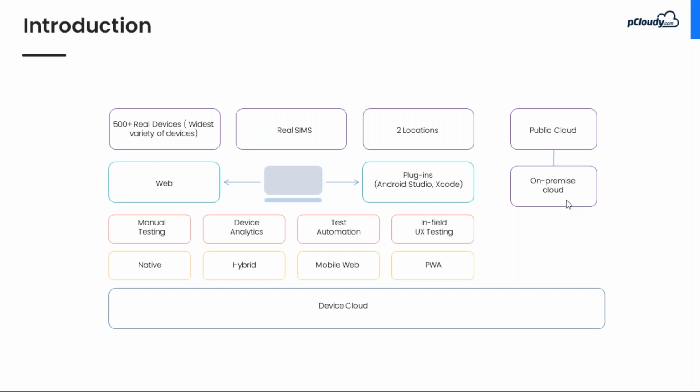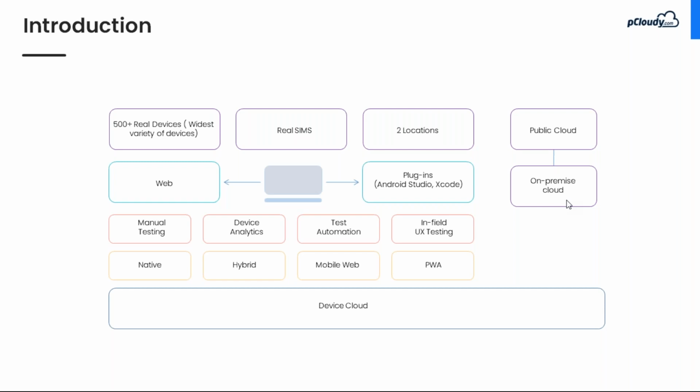It will remain within their premises, and their testing partners can access those devices remotely from different geographies and perform the testing. In order to protect the data and have a more secure environment, a lot of financial companies and insurance organizations do not want their applications to go outside their premises.